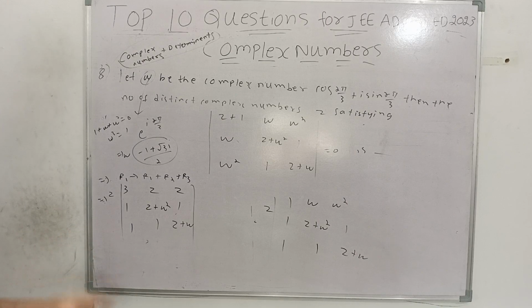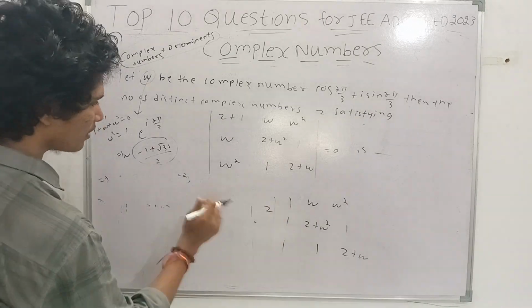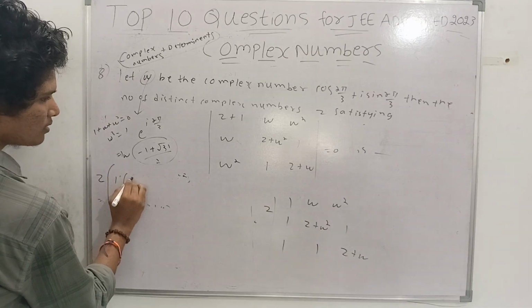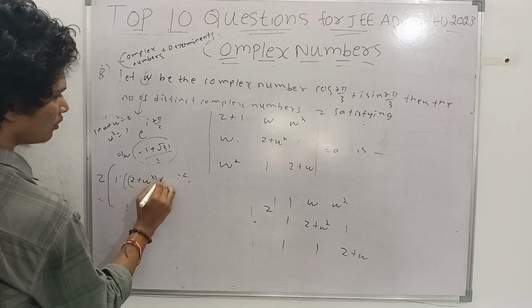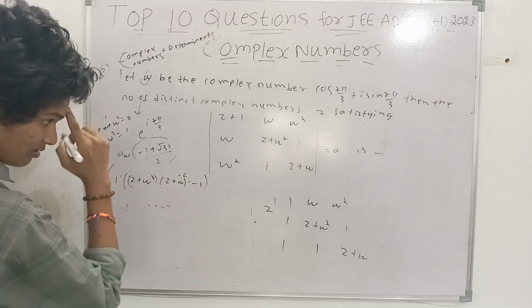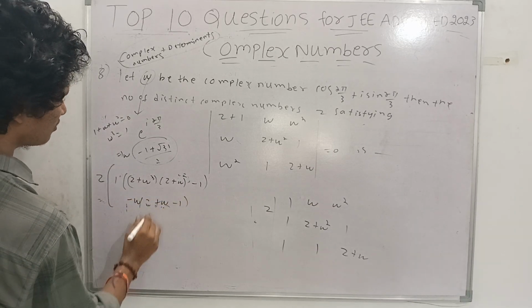So leave it, guys. We can easily solve without applying the R1 transformation here. Suppose if we open this thing, what we will get? Z into 1 into z plus omega square into z plus omega minus 1. This is one thing. And minus omega into z plus omega minus 1.